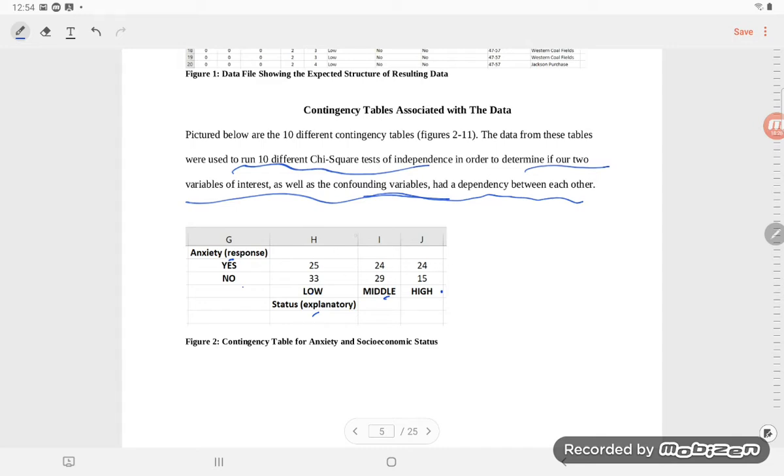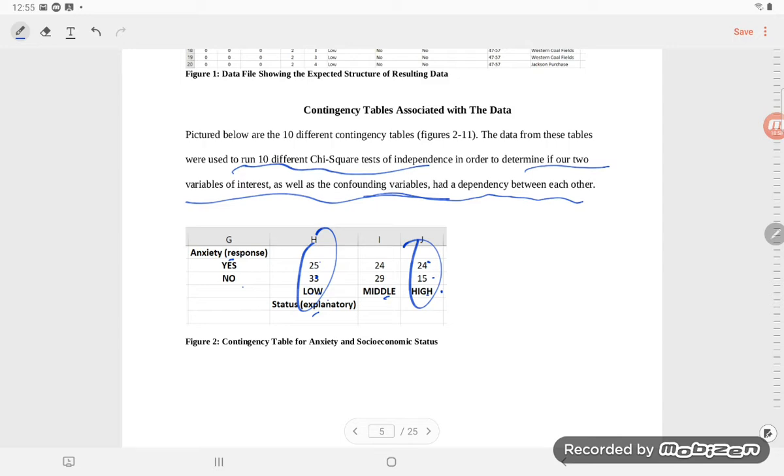And actually, it's interesting as I look at this, there does seem to be something going on here, right? And I can just see that real quickly from the tables in that there are more no's than yeses in the low economic status, and there are more yeses than no's in the high economic status.